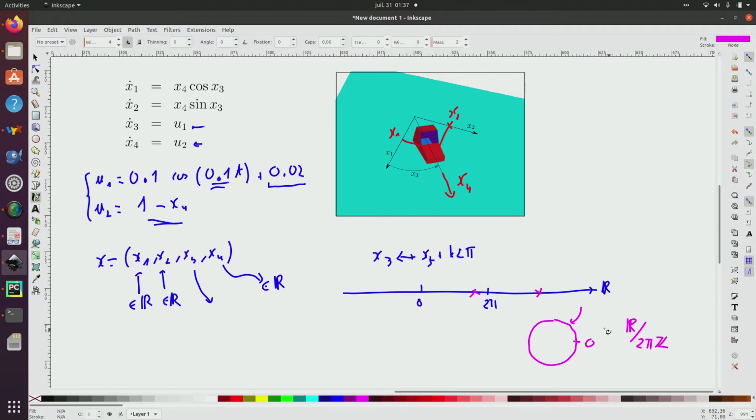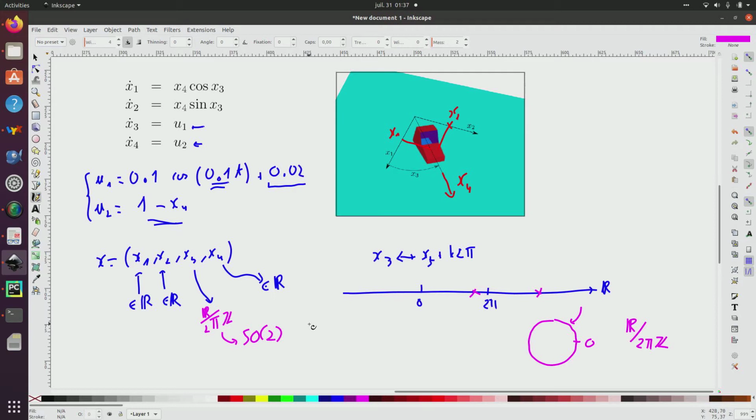So it corresponds to the unit circle. Here it is R quotient with 2πZ due to the equivalence relation. So this set is a trigonometric circle and also corresponds to what we call SO(2), the set of rotations of the plane.